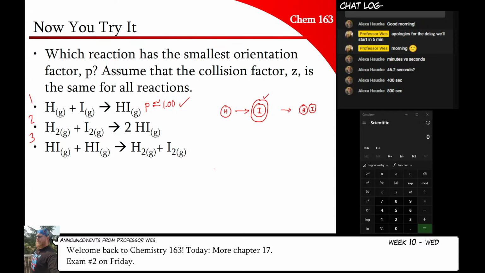But let's look at reaction 2. So I have H2, and I have I2. What if I do this? If I do this, then an HI bond could form along this axis, but the other H and the other I don't have any way to meet each other, so this would not work.